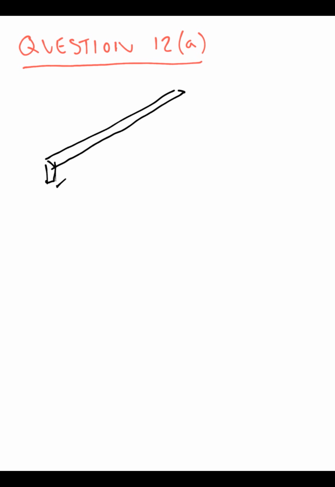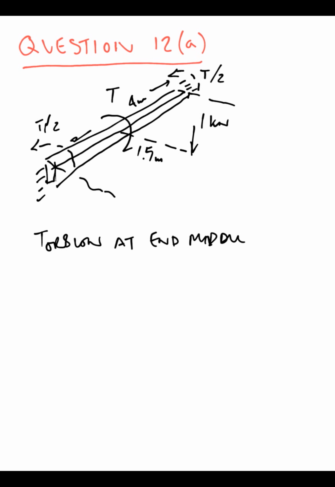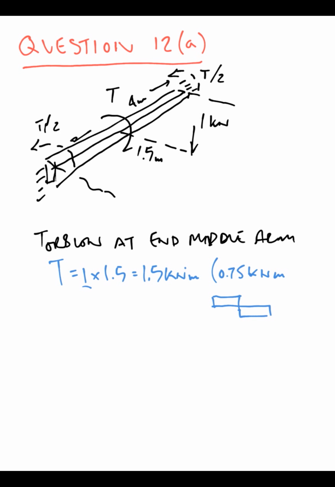Question 12a. We set up the beam, which is a 4 metre span, and it's got the arm in the middle generating a torsion of 1 kilonewton at 1.5 metres away, and the torsion is halved to the ends of the beam. So working out the torsion at the end of the middle arm, it's 1 times 1.5, which is 1.5 kilonewton metres, with half of this to each end of the beam, 0.75, classic torsion distribution.